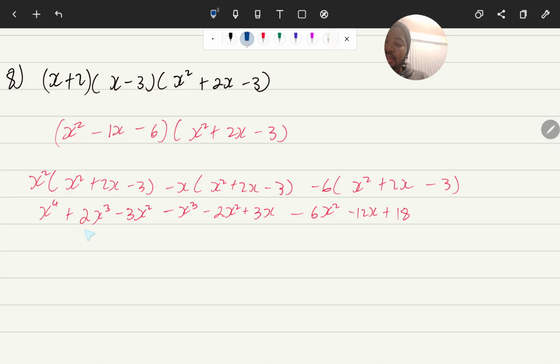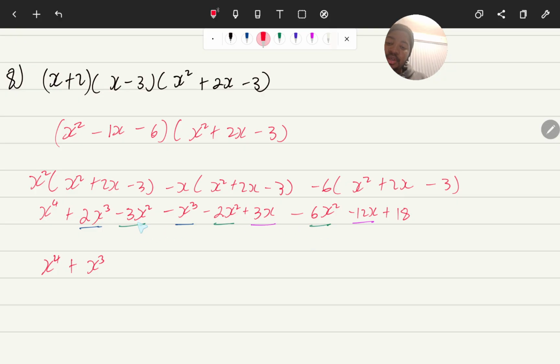Grouping the like terms, you have power 3, you have power 2, power 2, you have power 1, and the constant. So that means you're going to have x to the power of 4 plus these two together, that is x to the power of 3, and then these two together.